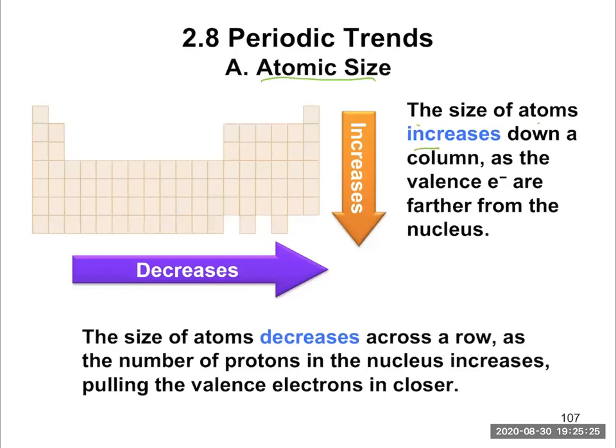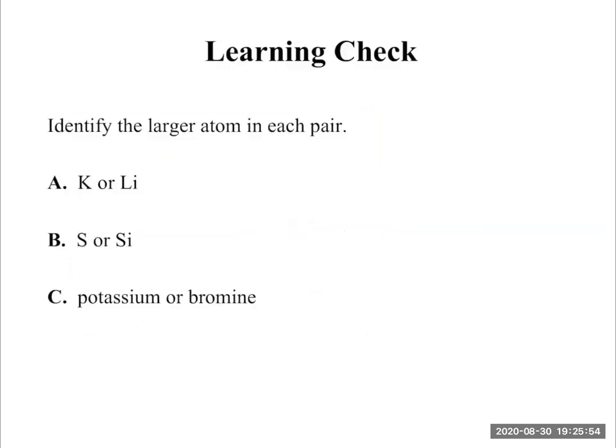So if I'm comparing that one versus that, it is going to increase, and it makes sense because you're gaining more electrons, so you're going to become bigger. So as you go down the group, you're going to increase in size. As you go from the left to the right, you are going to decrease in size. The atomic radius is going to decrease.